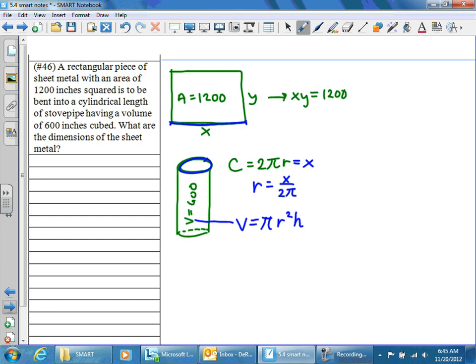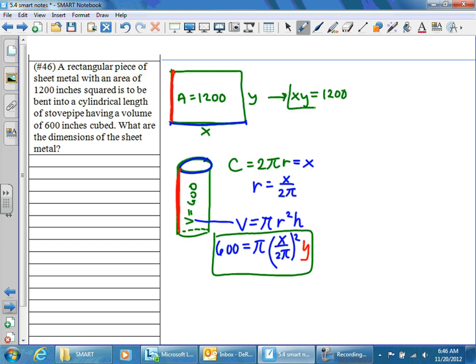So filling in everything, I know V is 600, pi, r is x divided by 2 pi, and my height is y. So here are my two equations that I'm going to use. So I'm going to go ahead and simplify this last one we just found.